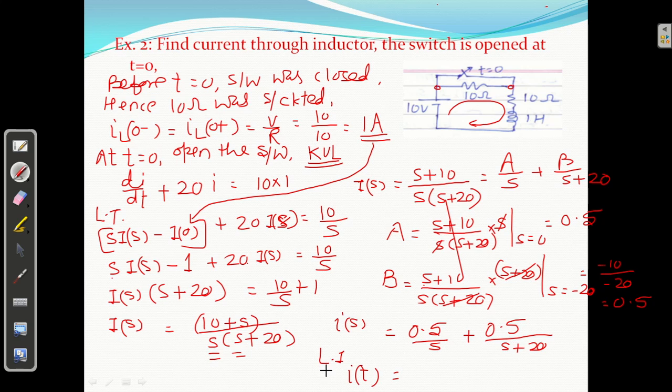If you take Laplace inverse, you will get the time domain solution I of t equal to 0.5. What is the Laplace inverse of 1 upon S? 1, so that is 0.5 plus this 0.5. Laplace inverse of this is e raised to minus 20t. Okay, so we will get 0.5 plus 0.5 e raised to minus 20t.